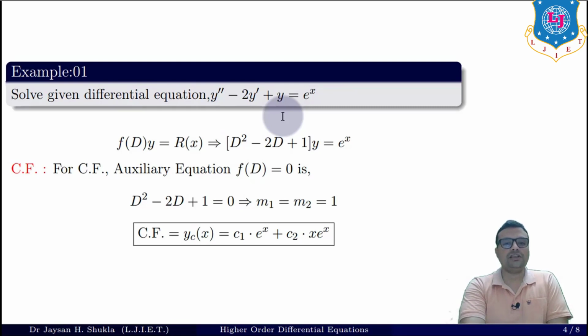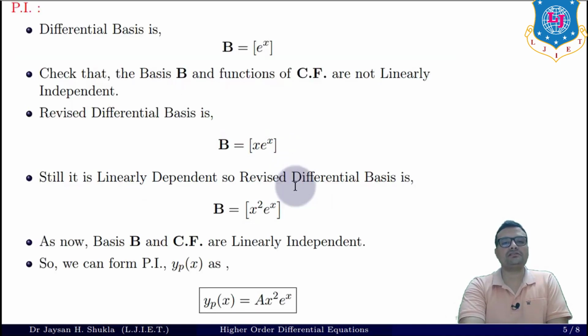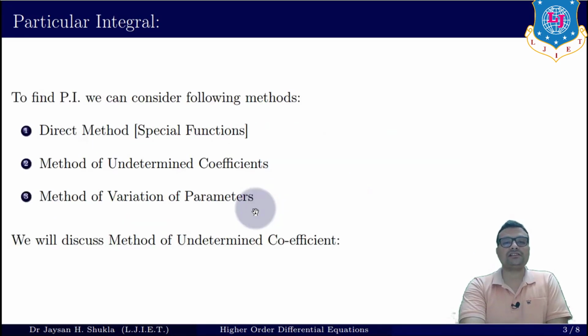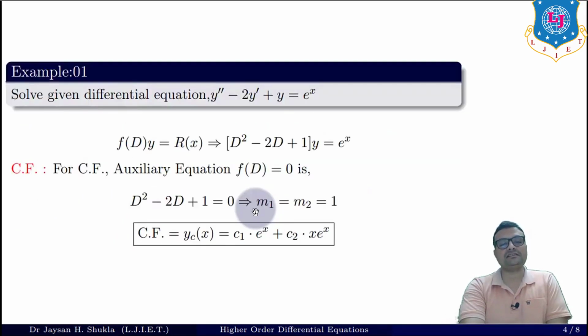So yp will be 1 upon d square minus 2d plus 1 on e raised to x. The rule for e raised to x is very simple: we replace d by a. So here you will get 1 minus 2 plus 1, which gives the answer 0.